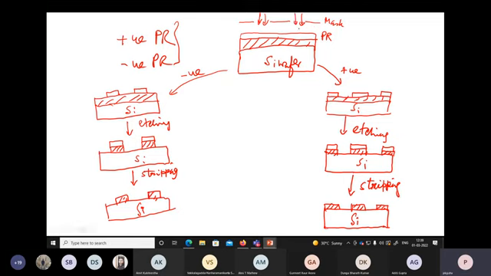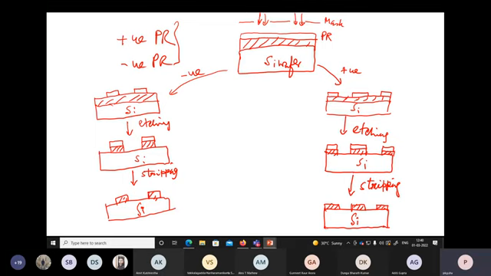What you do is make a design in CAD software, computer aided design software, say AutoCAD or something similar. You design your mask and you ask your electron beam to write on the photoresist, so the electron beam will be incident on certain parts of the photoresist according to your design.